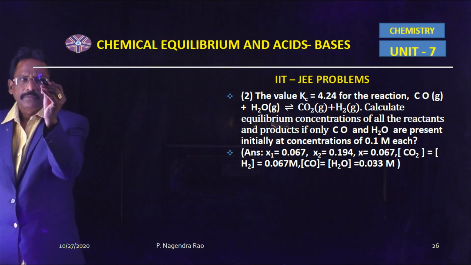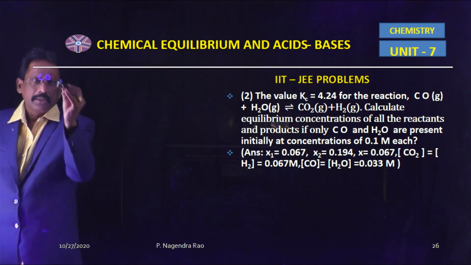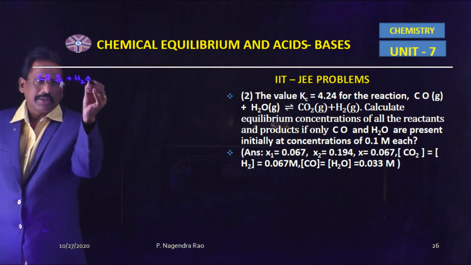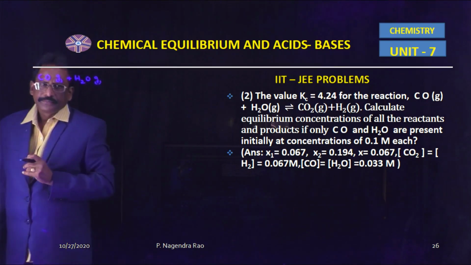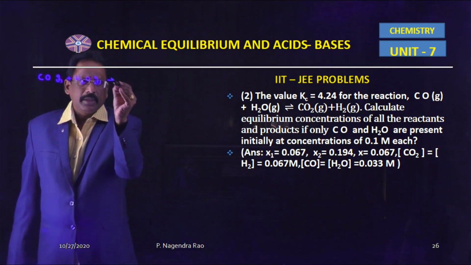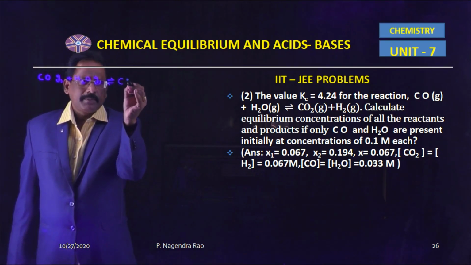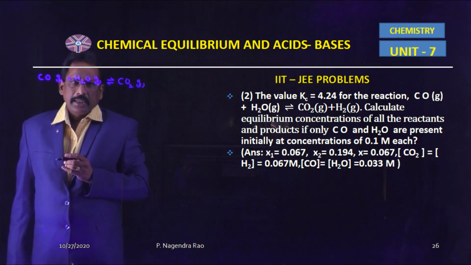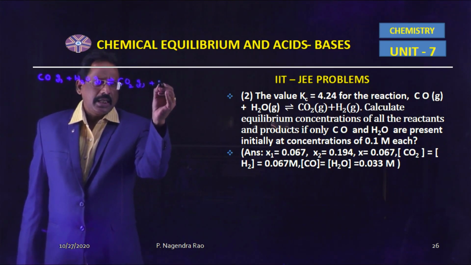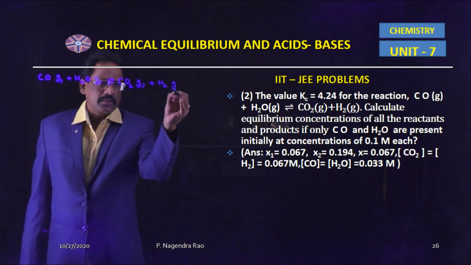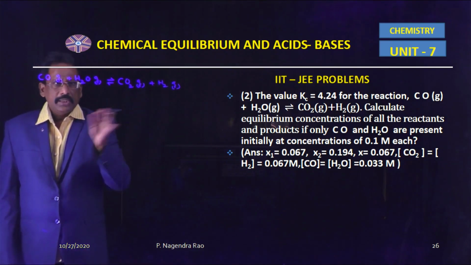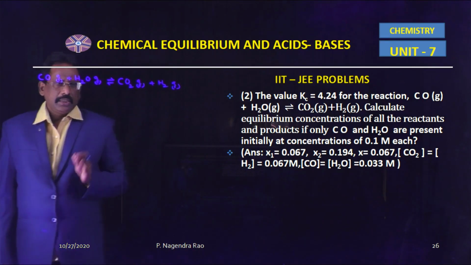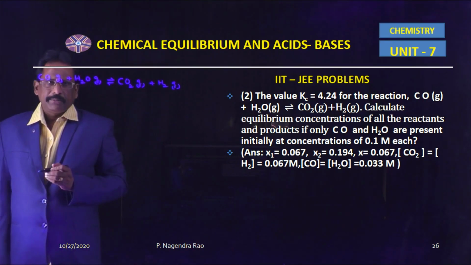When carbon monoxide gas reacts with water vapor, it is in dynamic equilibrium, with carbon monoxide converted into CO2 gas and dihydrogen gas also liberated. So this is a balanced chemical reaction, and it is in dynamic equilibrium.